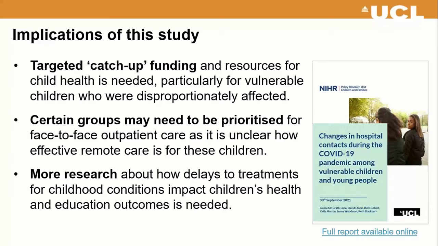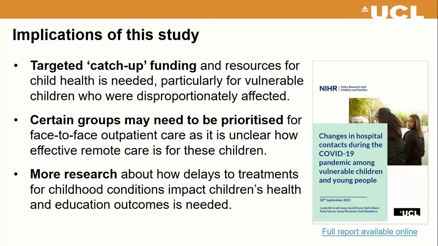And vulnerable groups who've been disproportionately affected also need to feature in the catch-up plans and funding and resources. It also seems that certain groups might need to be prioritised for face-to-face outpatient care. So it's not clear how effective remote care is for those children. And so as we move into the recovery phase where face-to-face is more possible, then maybe there needs to be some kind of prioritisation of these vulnerable groups.